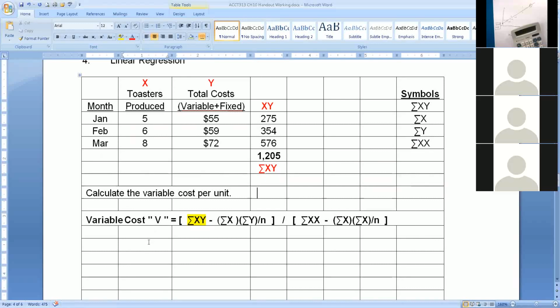I think I'll put that in here. So this will be the first term, you know, this one will be the 1205 minus.